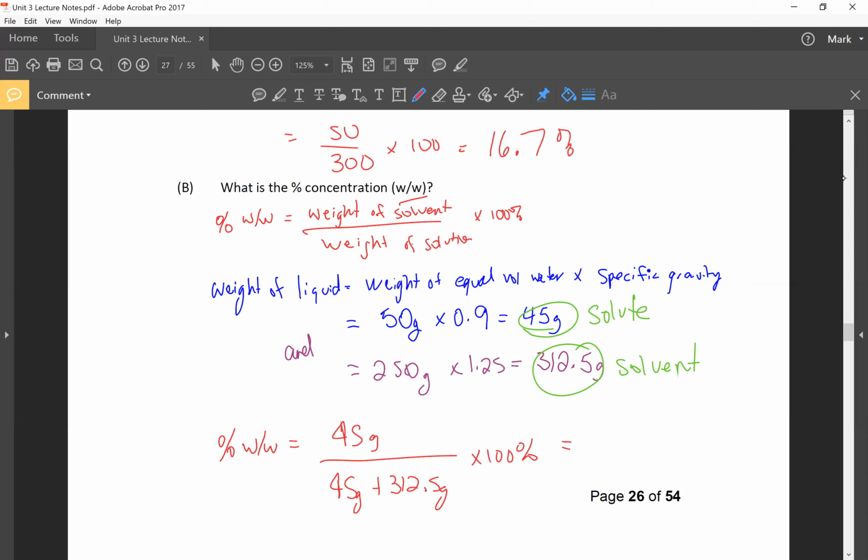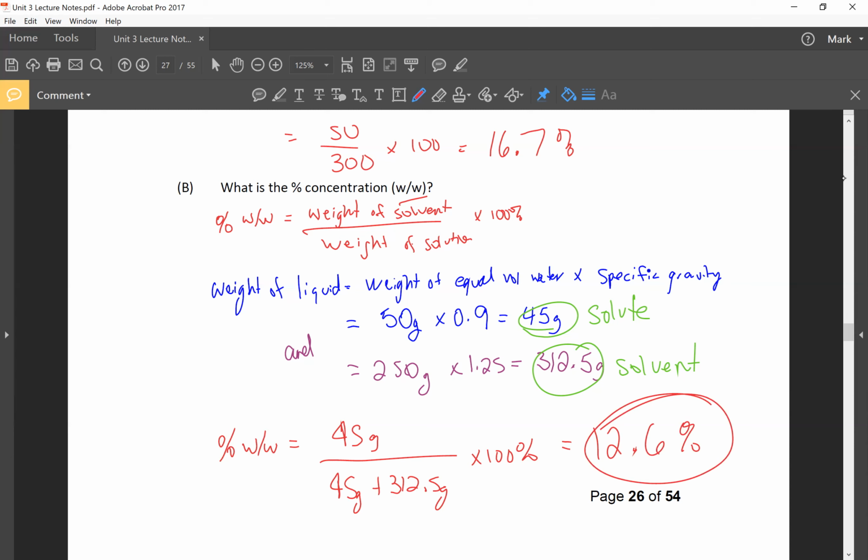So let me do this on my calculator very quickly. And I end up getting 12.6%. Or 12.58. Now let's go 12.6%. Whew.